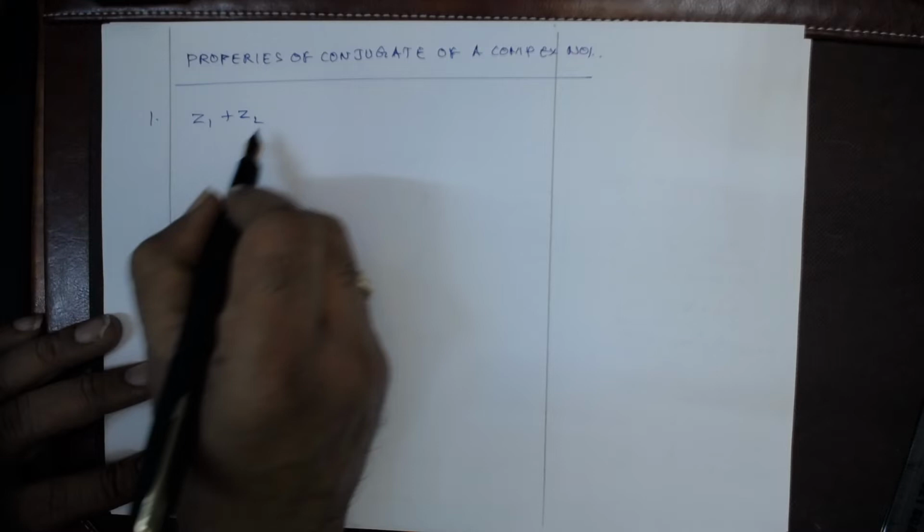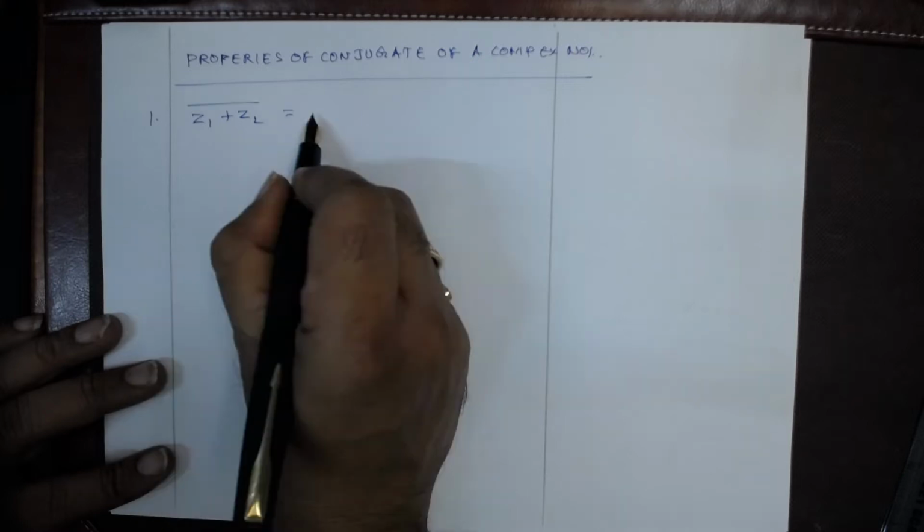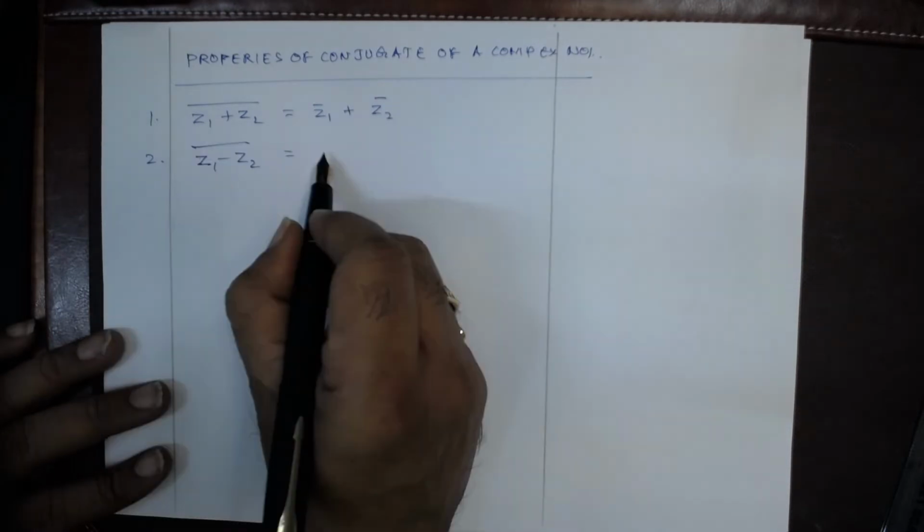The conjugate of z1 plus z2 is equal to z1 bar plus z2 bar. Second property. Similarly, the conjugate of the difference between z1 and z2 is z1 bar minus z2 bar.